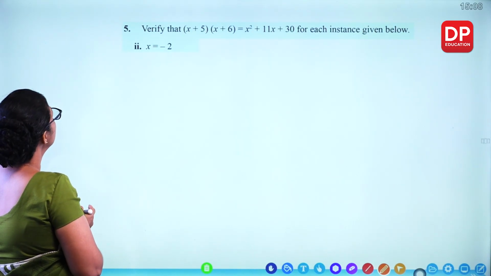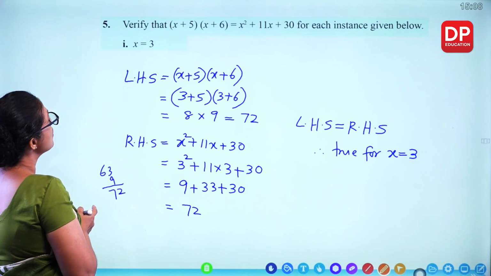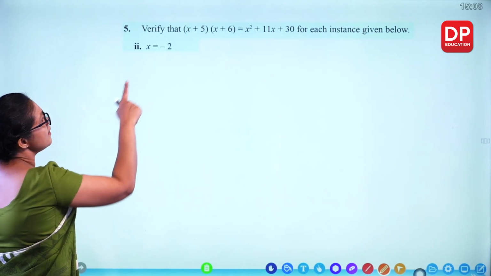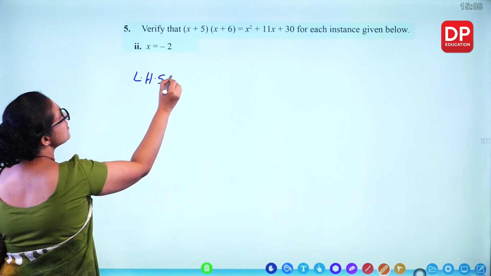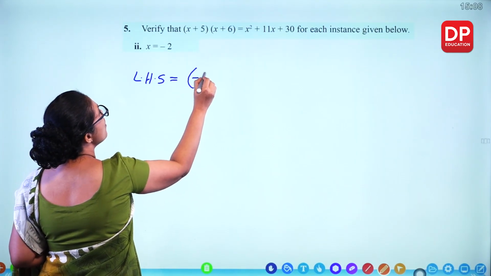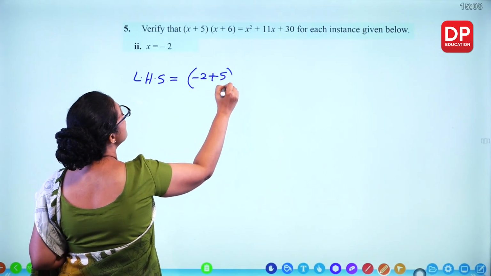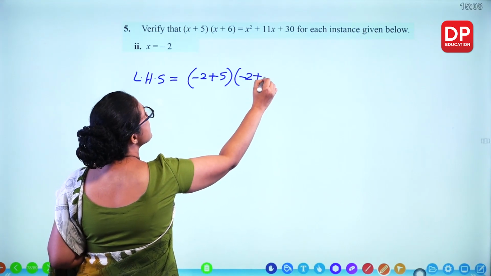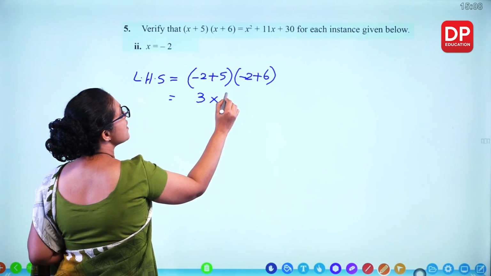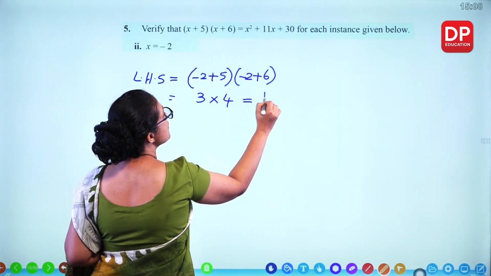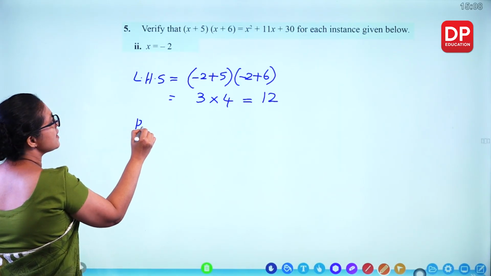So, that's the same question and x equals minus 2. So, take the left hand side, substitute x equals minus 2. Minus 2 plus 5, minus 2 plus 6. What's the answer? 5 minus 2, 3. 6 minus 2, 4. 4 times 3, 12. Right hand side.